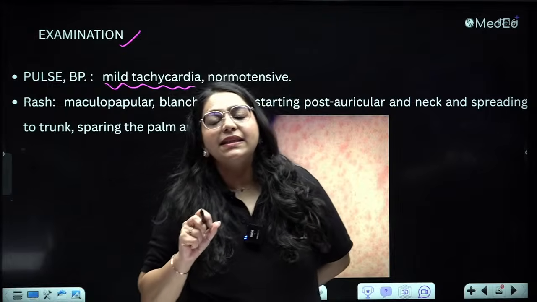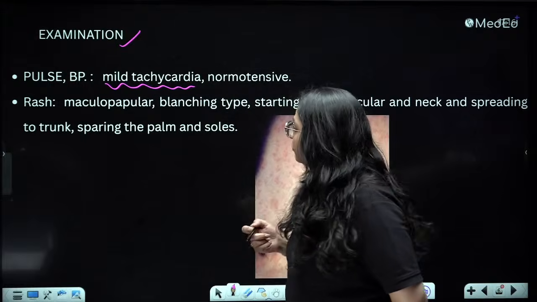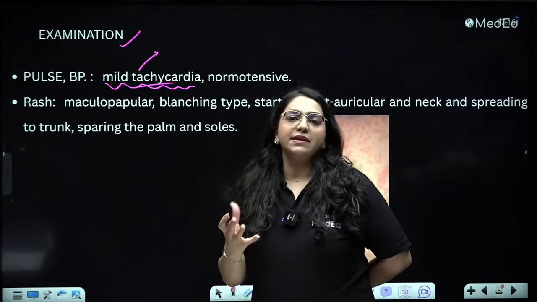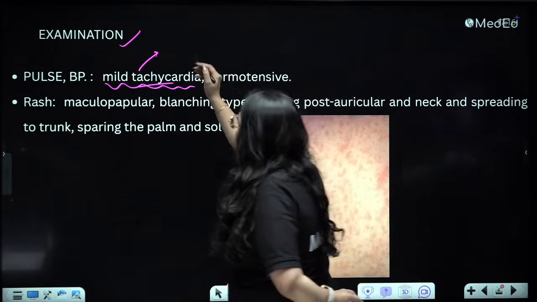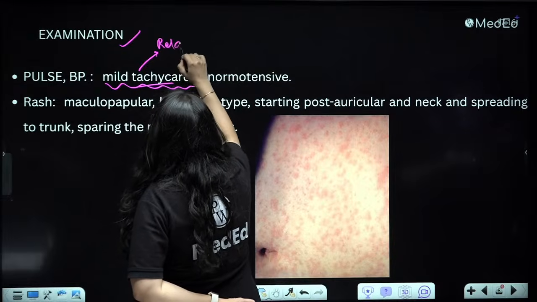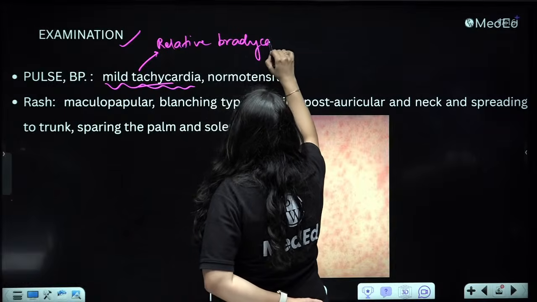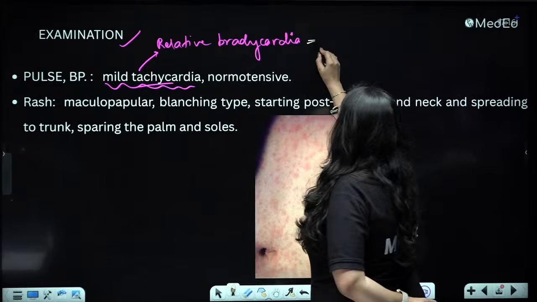If I had said that there was relative bradycardia, what could you have thought of? What could have been the other situations? There is mild tachycardia. This is a normal scenario. Patient has fever, of course, there can be mild tachycardia. What if there was relative bradycardia? Then it would have meant something, right?